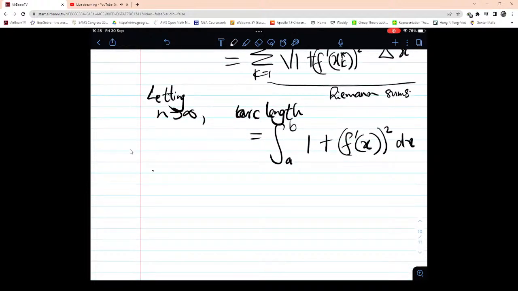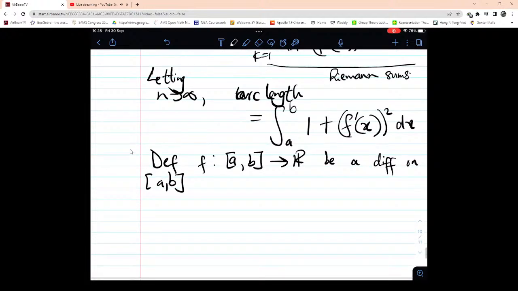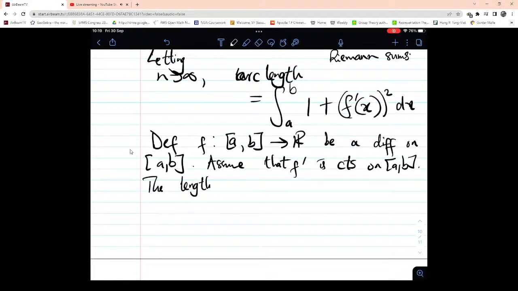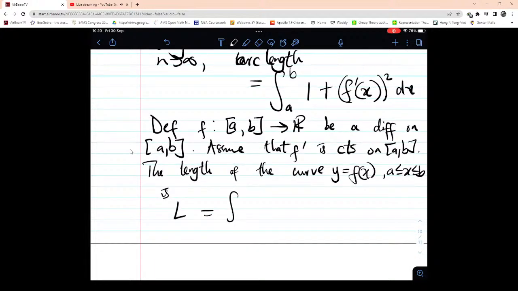And so that gives us our next definition. If f is a differentiable function on the closed interval a, b, and assume that f prime is continuous on the closed interval a, b, then the length of the curve y equals f of x, where x is between a and b, is L, which is the integral from a to b of the square root of 1 plus f prime of x squared dx.